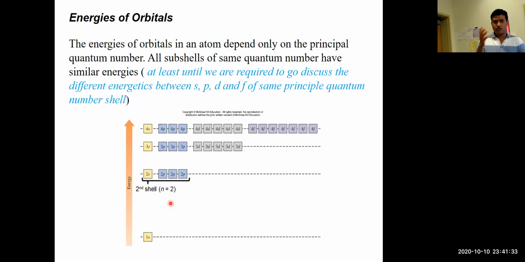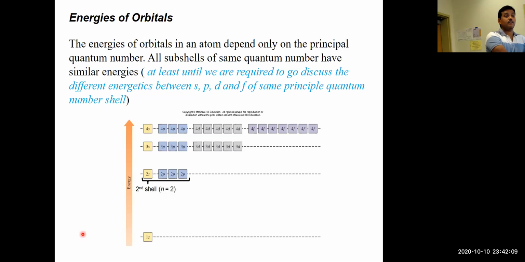And if you remember, I used these words ground state and excited state, low energy state and high energy state. These are what I mean. Shell 1 is a low energy state because these electrons have low energy. Shell 2 is a higher energy state compared to shell 1 because those electrons have a higher amount of energy in them. And shell 3 has higher potential energy than shell 1 and shell 2, so we consider shell 3 in comparison to shell 1 and shell 2 as the excited states.